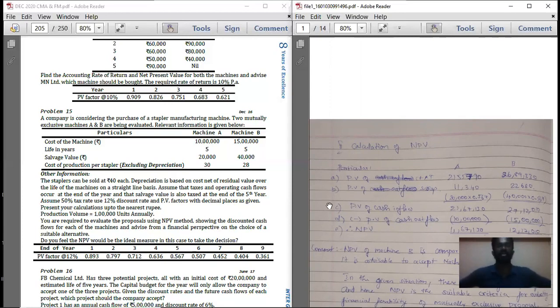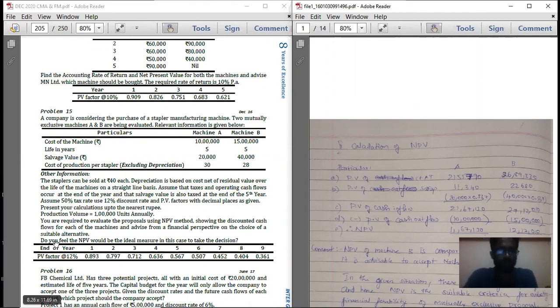There is no difference in life of the projects, comma, hence it is appropriate to evaluate the projects using net present value method. Hence it is appropriate to evaluate the projects using net present value, NPV method.